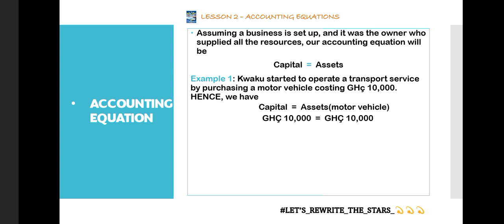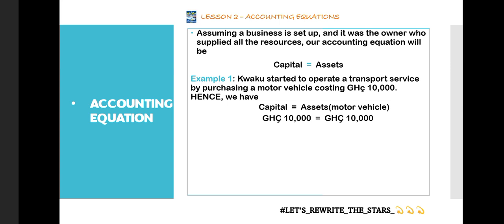In this case, we are not producing anything, but we are rather providing a service. Because you are providing a service, we have to get equipment or resources that will help us provide the service. The business is the transport service.